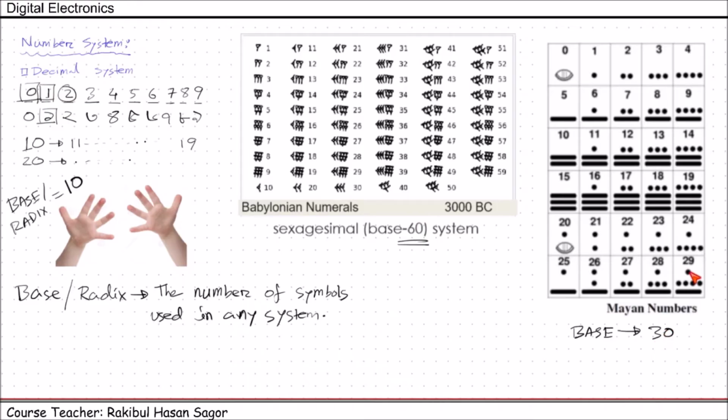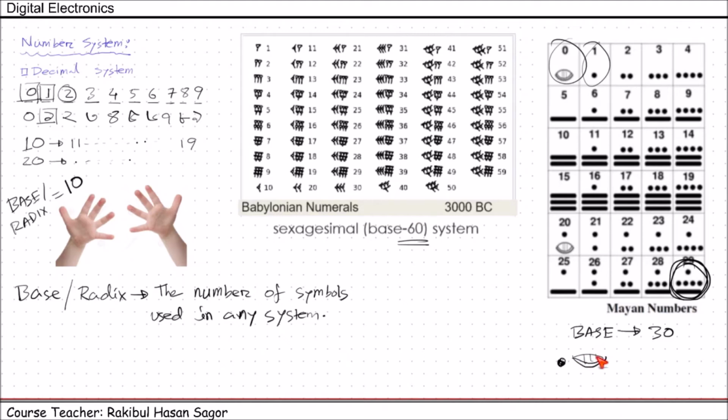What does it mean? This single number represents 29 in our decimal system. So if we want to go beyond 29, we need to use these two symbols, 1 and 0. That means 1 means this dot sign and 0 means this symbol.